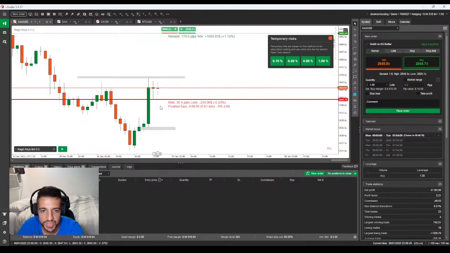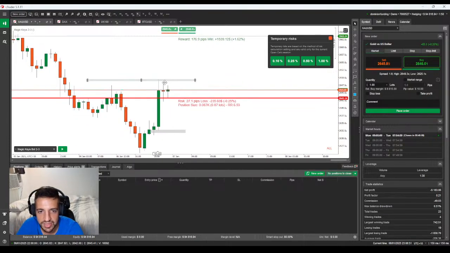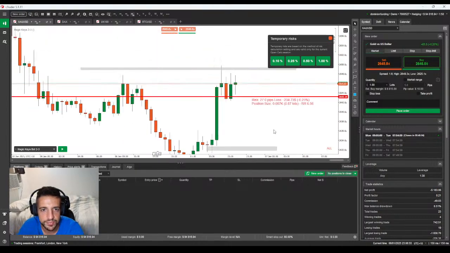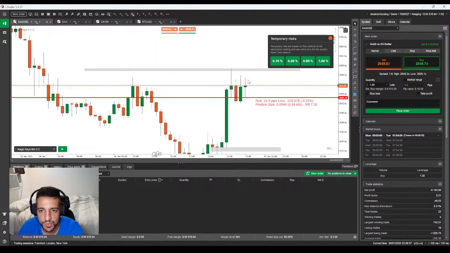Yeah, if you're looking at that on the 1 hour, you take the buy if it breaks the high on the 1 hour, which is that high.